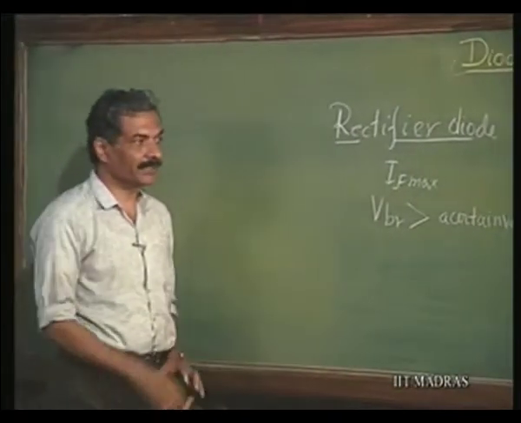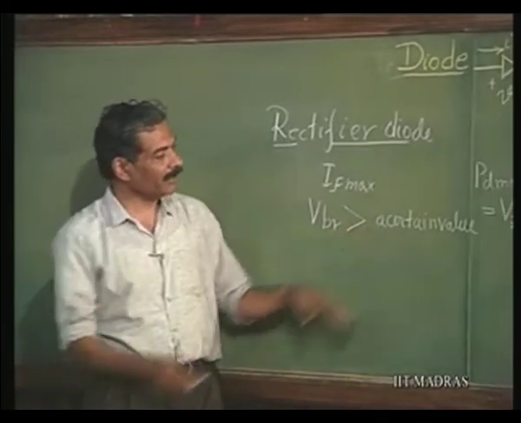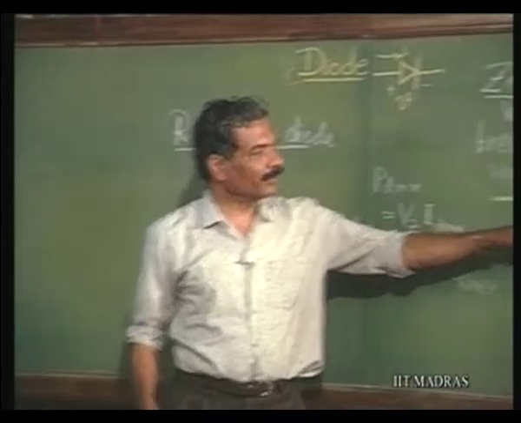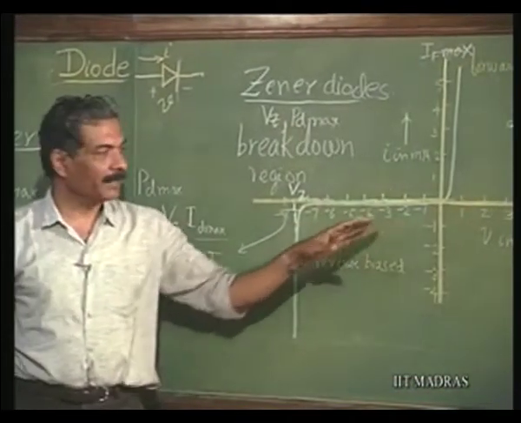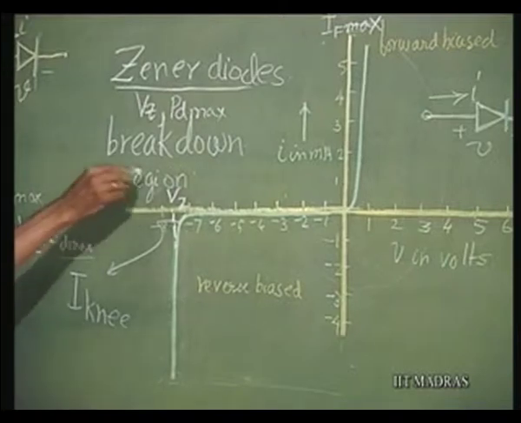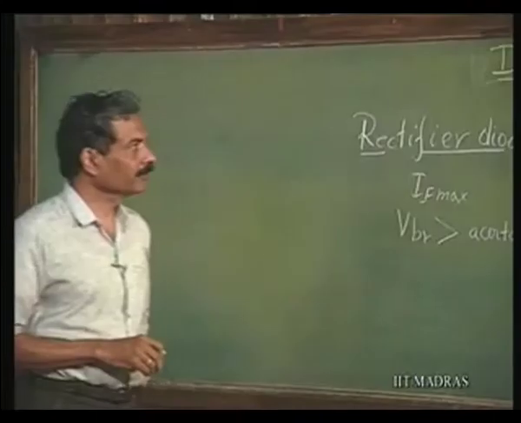These are the specifications for the Zener diode. The breakdown here has to be greater than a certain value, up to which you are going to use these forward bias and reverse bias voltages, whereas in the Zener case it is the breakdown voltage which is important, it is specifically and accurately mentioned in the specification.